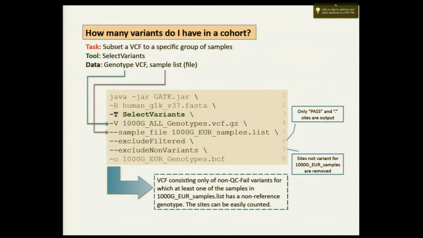So variants that are unique to Africa or unique to Asia will not appear in this output VCF here, right? And so what I get out of having run this command line are only non-QC fail sites, so those are the rows that are polymorphic in at least one of the European samples. And then I can just do a quick word count on the file to determine how many SNPs are present in the 1,000 Genomes Project European samples.